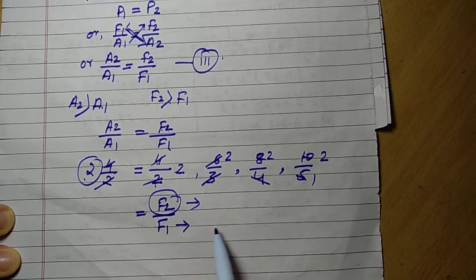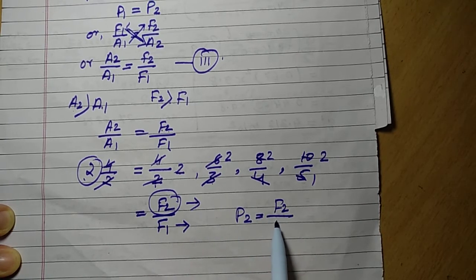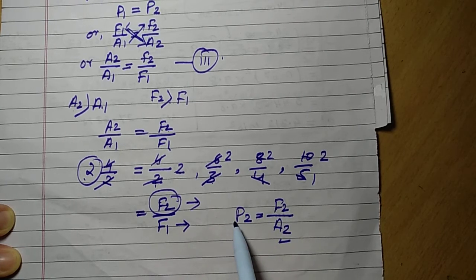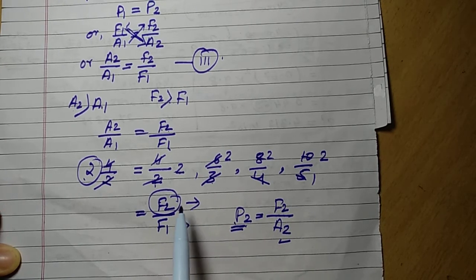While carrying pressure P2 in piston 2, F2 divided by A2. So A2 is already there, and this F2 has been exerted on piston 2, so that P2 is produced. So this force has been increased by the hydraulic machine itself automatically.